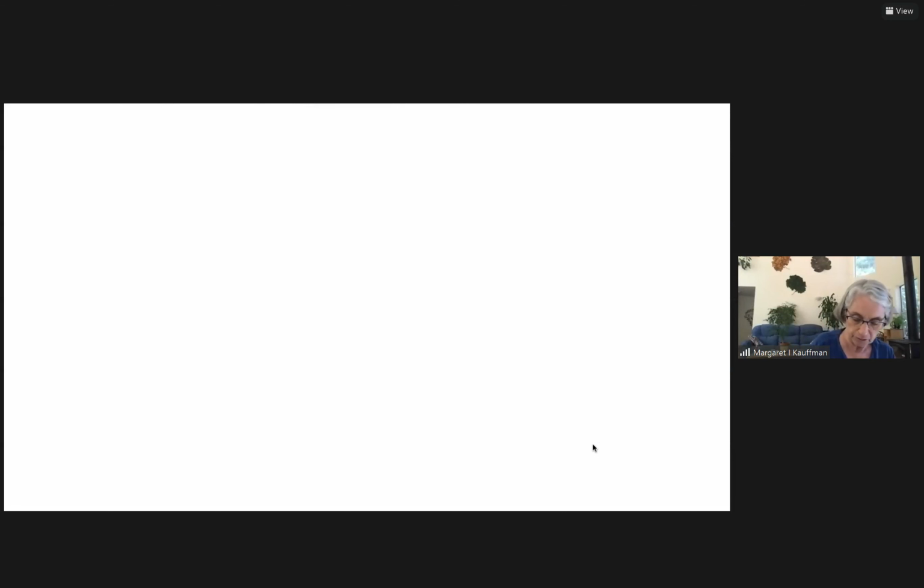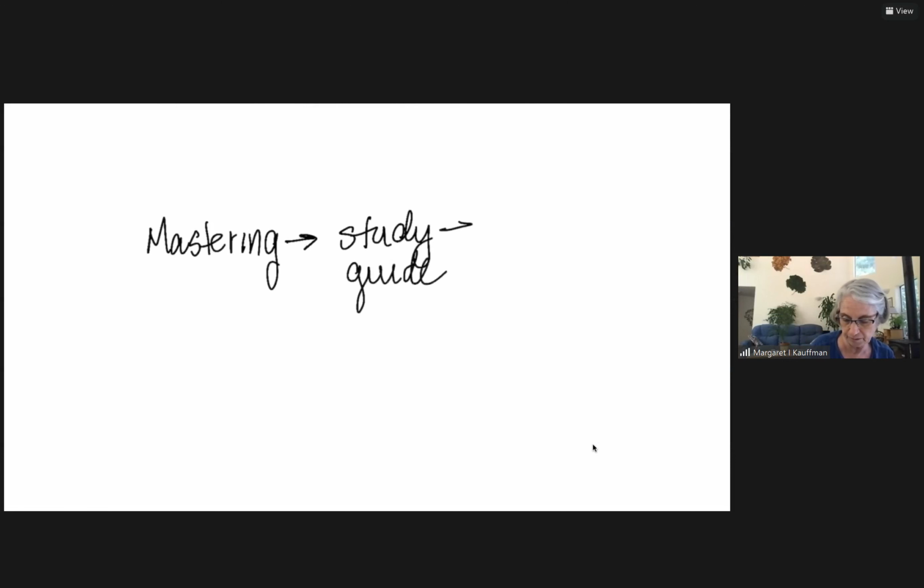So you go into Mastering, and from Mastering, you go into the study guide area, which is where you're going to go for most things. Then from the study guide area, at the very bottom of the menu, you'll see something labeled additional tools.